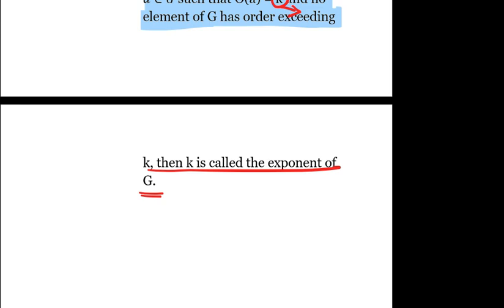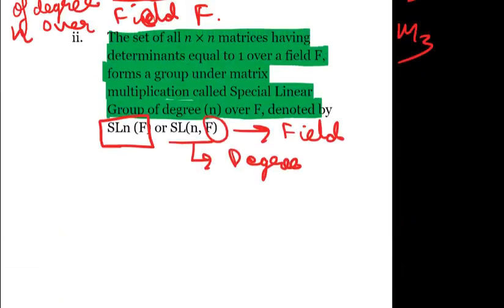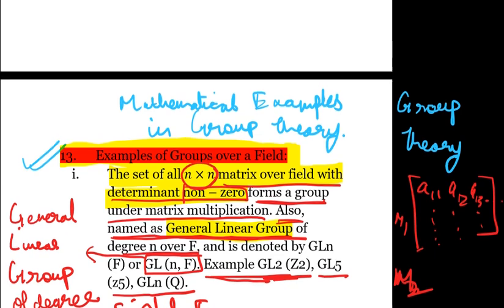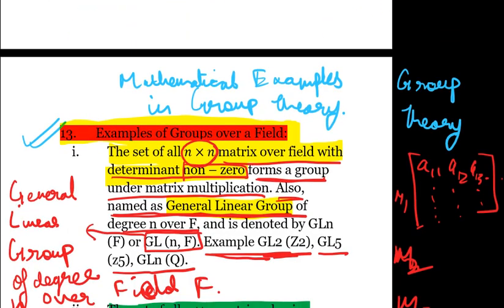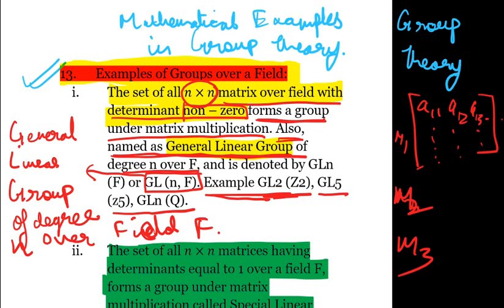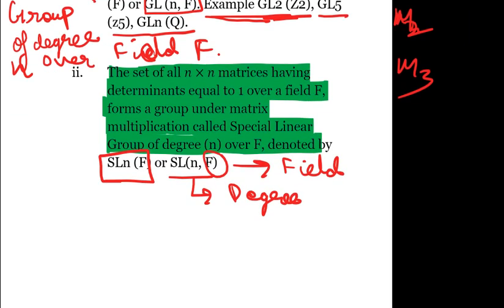Alright, did you understand? So in this video, students, what did we learn? We learned about examples of groups over a field, how we can get an n cross n matrix over a field with a non-zero determinant. Then we learned how to denote the general linear group over a field with degree n. Then the set of n cross n matrices which have determinant equal to 1 over a field F forms a group under matrix multiplication.